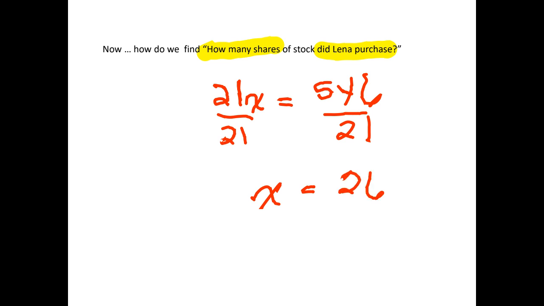That's how much she bought. It's always what she sells minus what she bought. This is marketing. So keep that in mind.